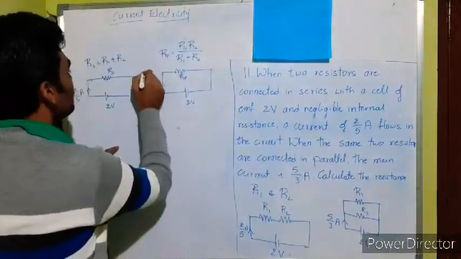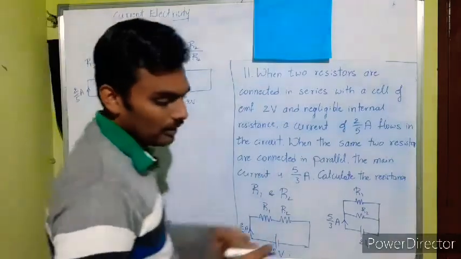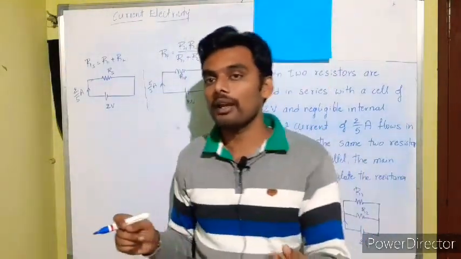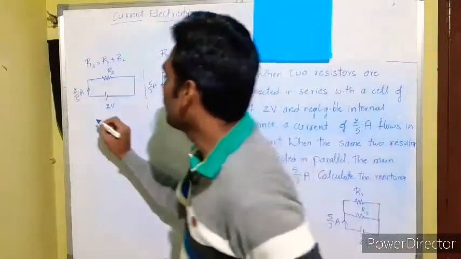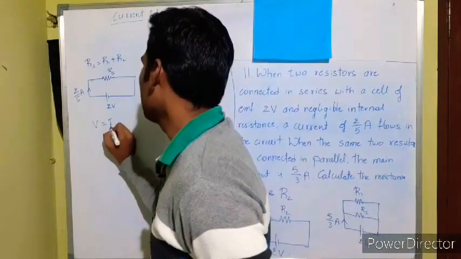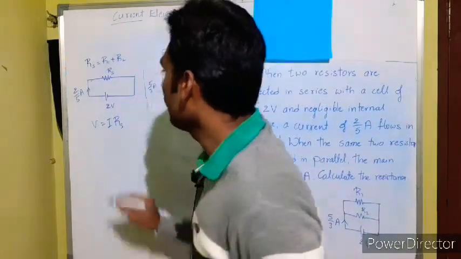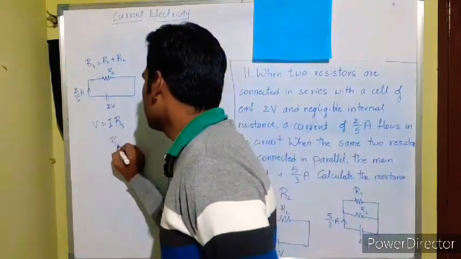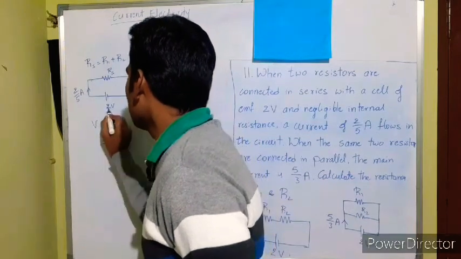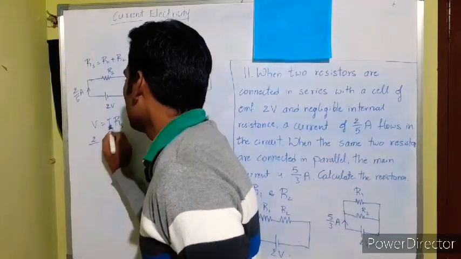From the first circuit, you can observe here that upon applying Ohm's law, we have V is equal to IR. V is equal to I Rs this time, the series one. So Rs becomes equal to V by I. What is V? 2 volt. What is I?